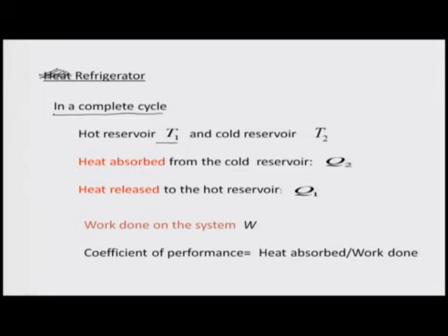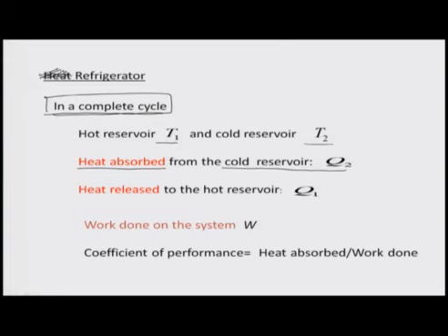I again have two reservoirs, one hot and one cold, and I am asking the question, what happens in a complete cycle? Heat absorbed from the cold reservoir is Q2.